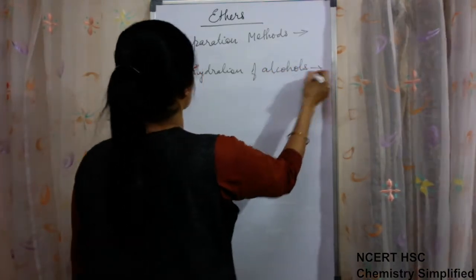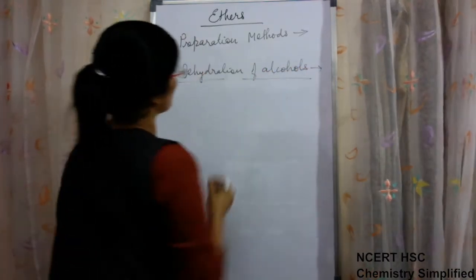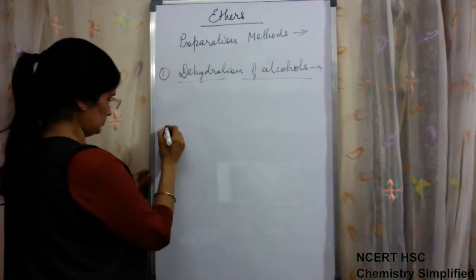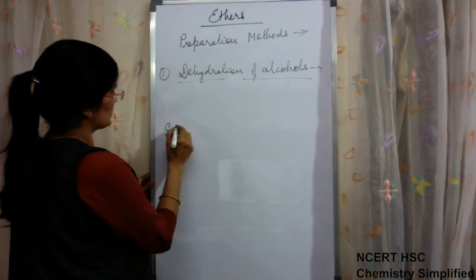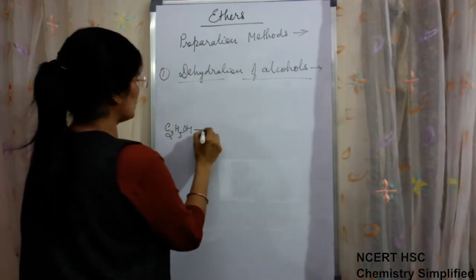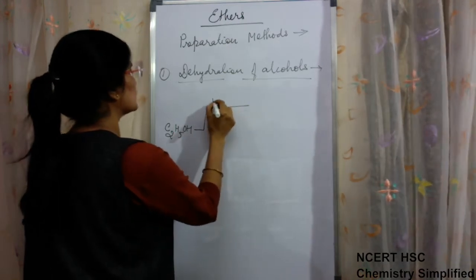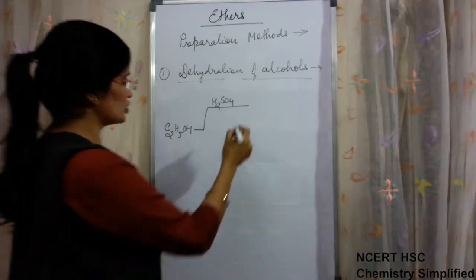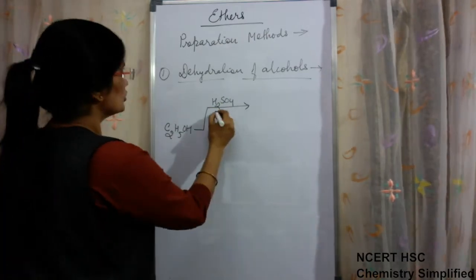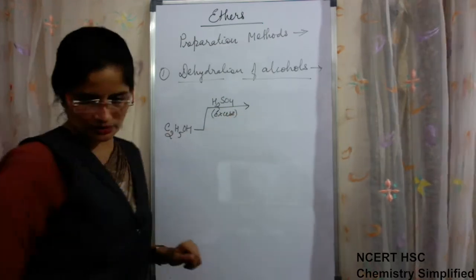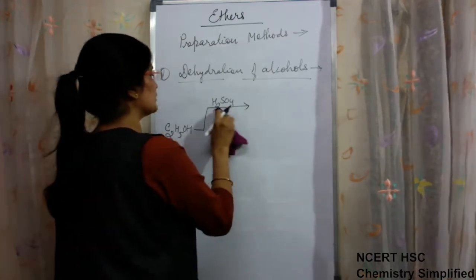This is the first method by which ethers can be prepared, dehydration of alcohols. Now I am writing here C2H5OH, ethanol. Dehydration takes place in presence of sulfuric acid H2SO4 used in excess.